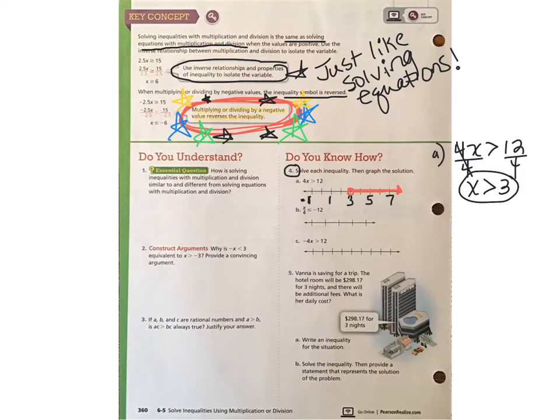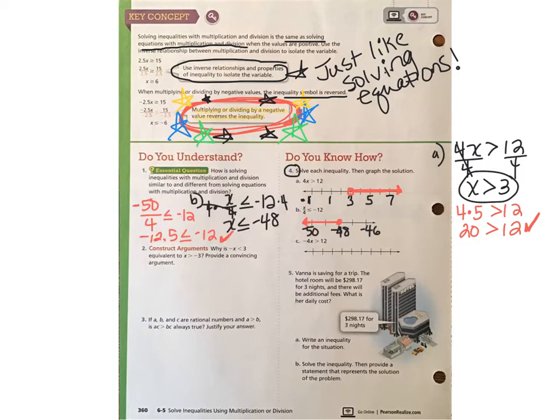So 3 is not a solution, but any number greater than 3 is. So as I check my answer, 4 times a number bigger than 3, let's say 5, is greater than 12, which is a true statement because 20 is greater than 12. Now I want you to try part B and come back and check your answer.